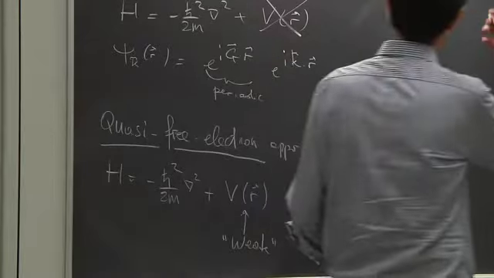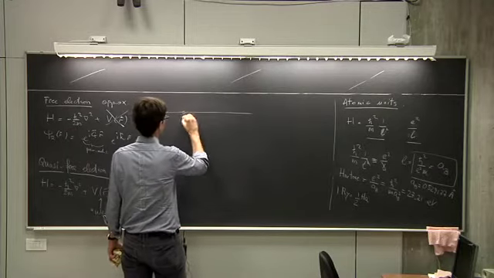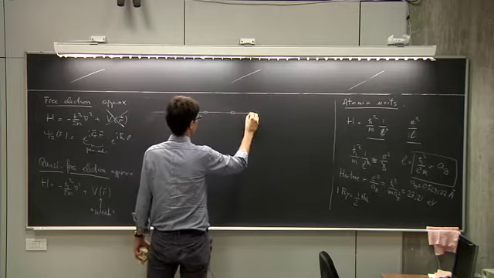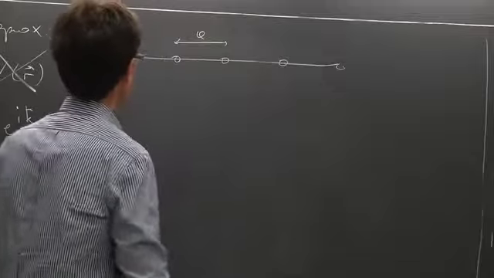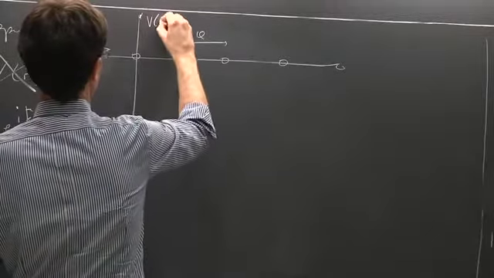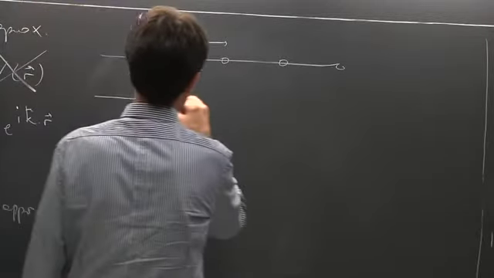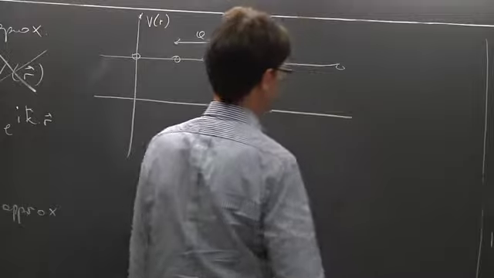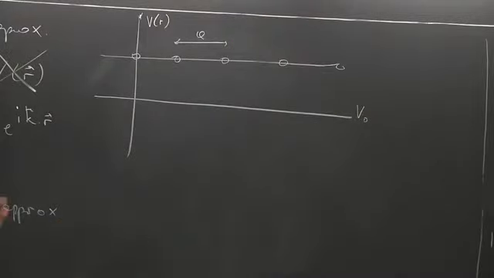Okay, so if we deal with a one-dimensional system where the atoms are placed at some distance a from one another. So far, we have assumed that the potential felt by the electron was just a constant. Let me call it V0, or 0, whatever, constant.